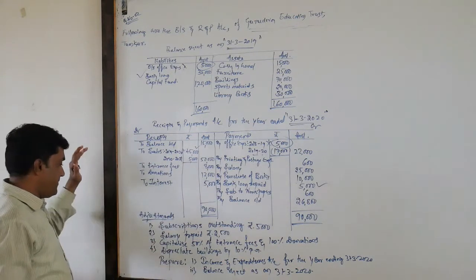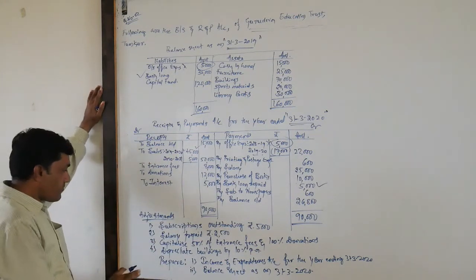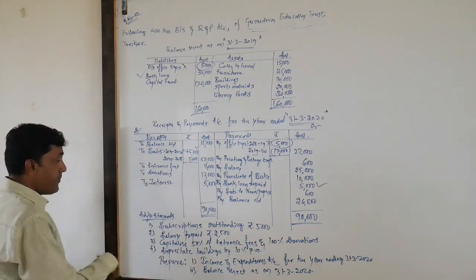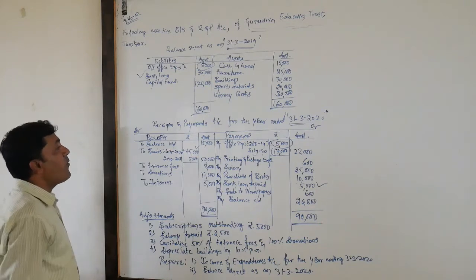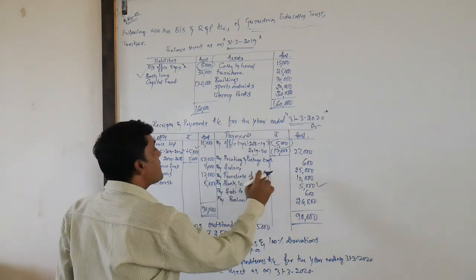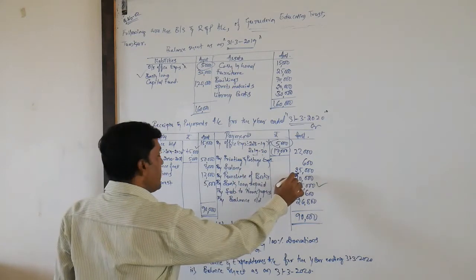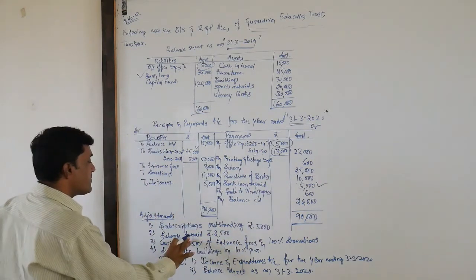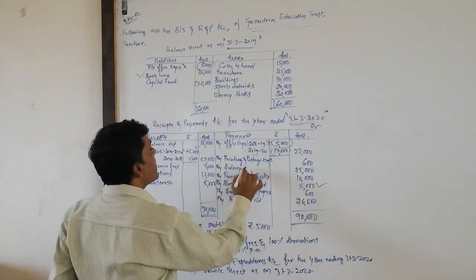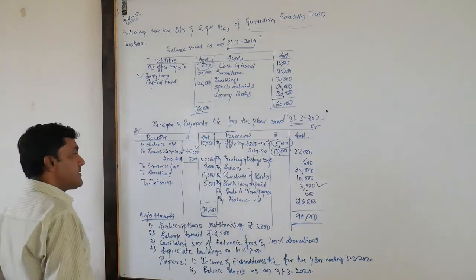The second adjustment, salary prepaid rupees 2,500. Salary prepaid means we have paid in advance. So on the payment side you can see salary 25,000, which we have paid, and we have to deduct the prepaid amount. So the salary adjustment is less.